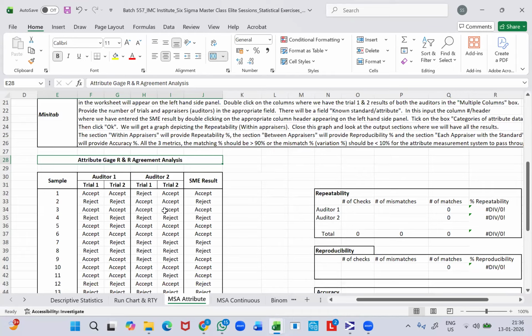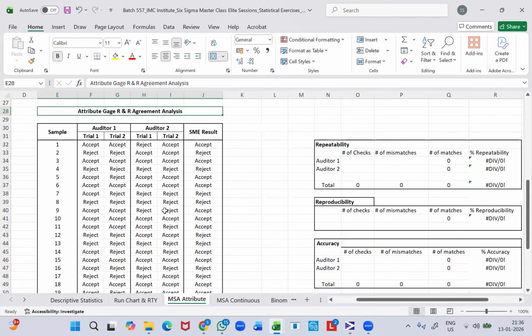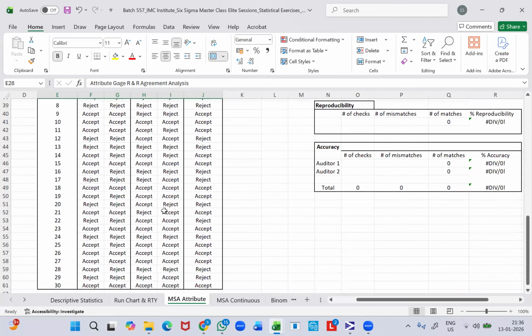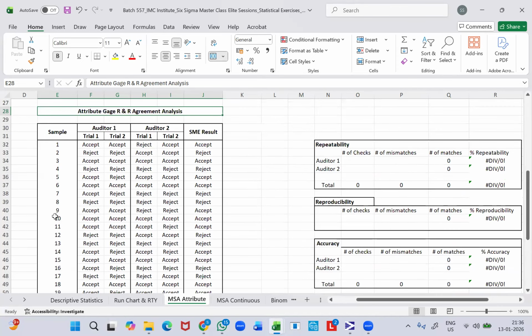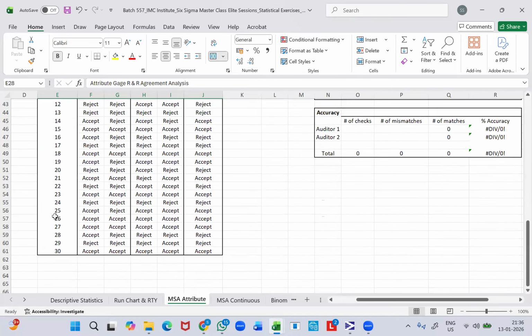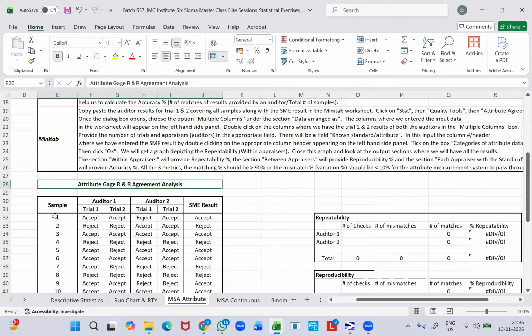This is the discrete data measurement system analysis. Since discrete data deals with the quality inspection activity, we need a minimum of 30 samples considered for this exercise, and these samples should be a proper mix of both defective and non-defective samples.